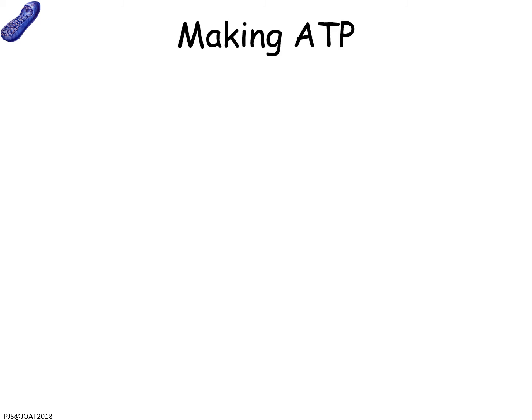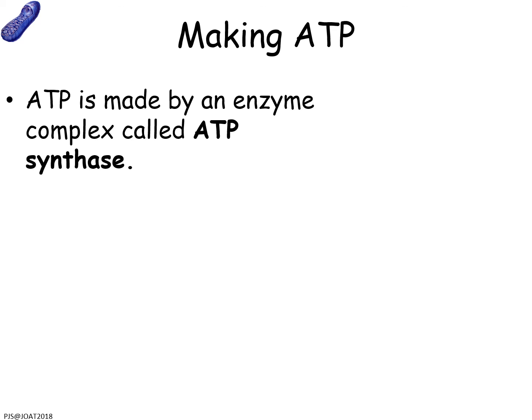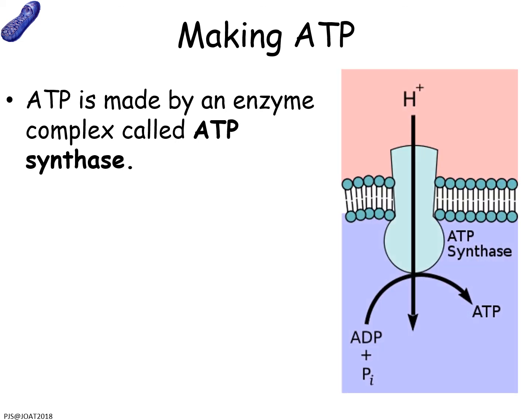So the whole point of this was to make ATP. And you're going to use that enzyme complex that I've already mentioned on the cristae called the ATP synthase. And how ATP synthase works is driven by this hydrogen ion concentration. So this would be in the gap between the inner and the outer, and this would be in the central matrix.